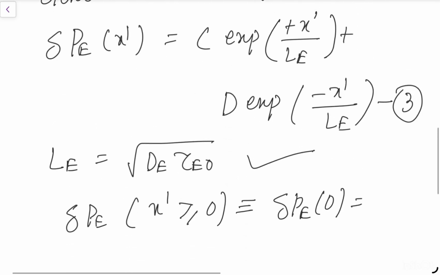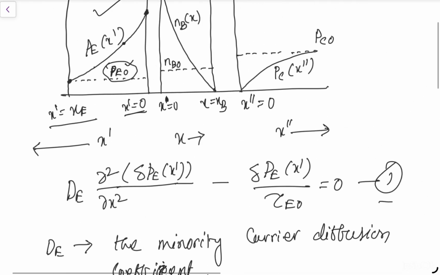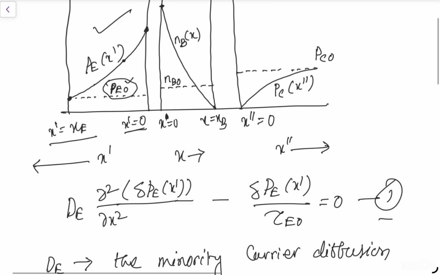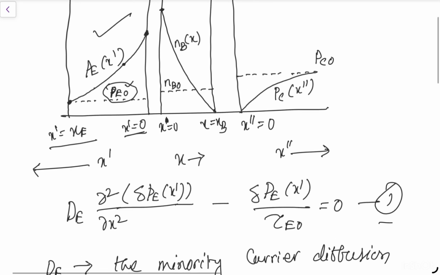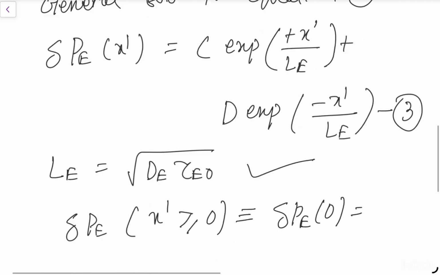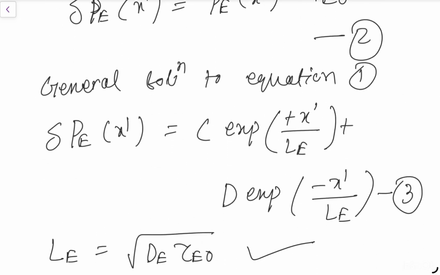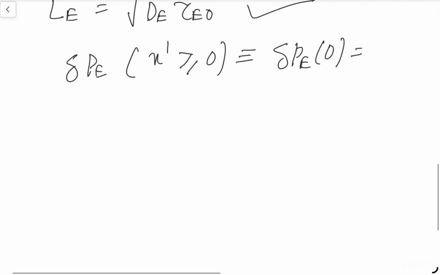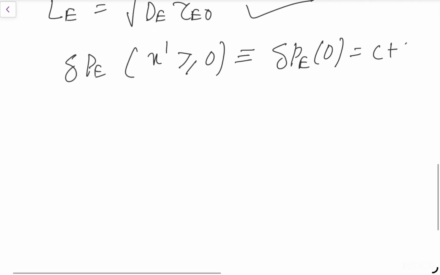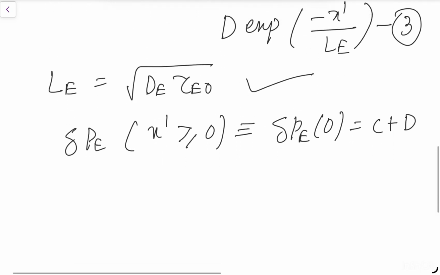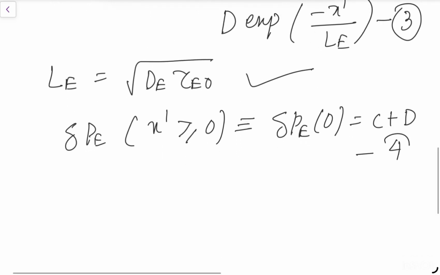So x dash is equal to 0, substitute this value. Here x dash is 0, so e to the power 0 you get, which is 1. So we can write that delta P0 is equal to C plus D, as the exponential term became 1. So let's name that equation 4.